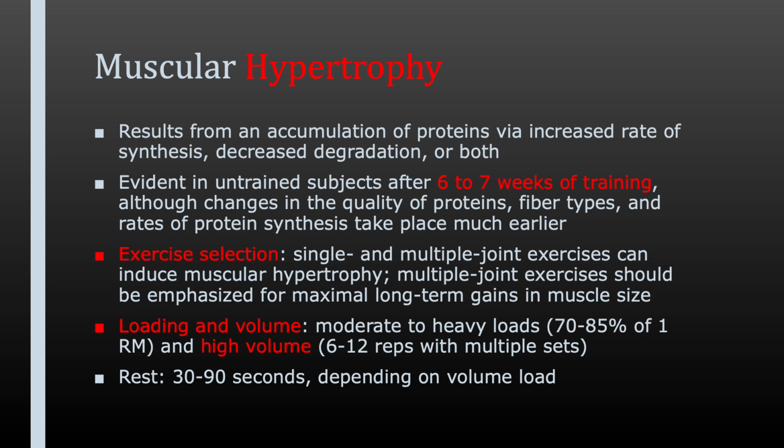So the loading and volume, as well as the exercise selection, if you want to increase in muscle size, you need to incorporate multi-joint exercises as well as single joint with heavy loads, high volume, and short rest periods, because you want to maintain the stress upon the muscle.